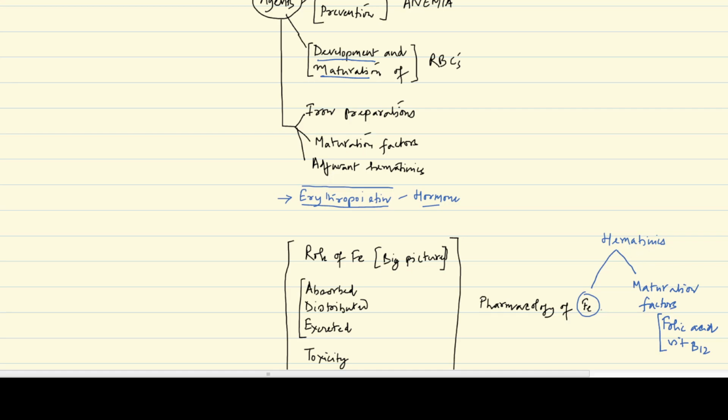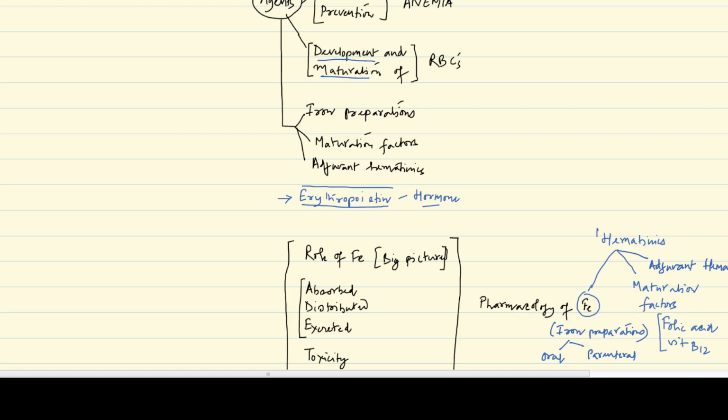So iron preparations, pharmacology of iron. So here when we say iron, we mean iron preparations. Okay. So let's put that in a bracket. Iron preparations, meaning pharmaceutical agents, and those we can subclassify them as oral and parenteral agents, and there are also adjuvant hematinics.